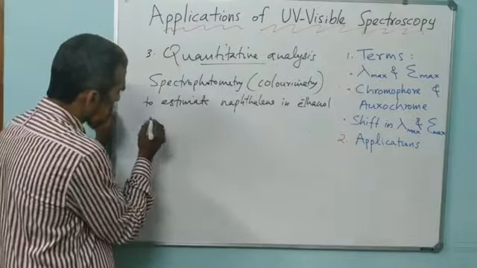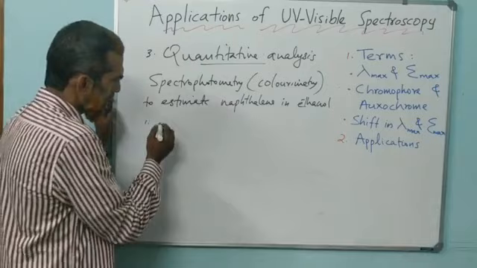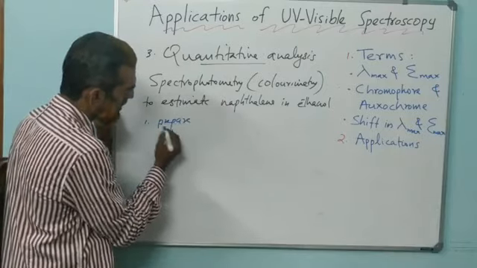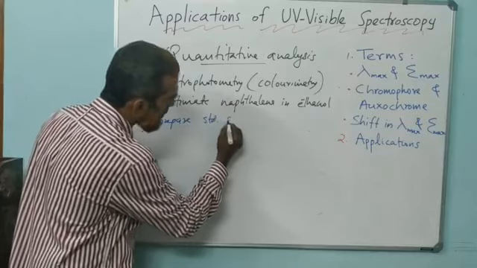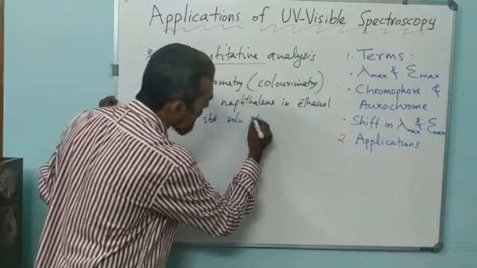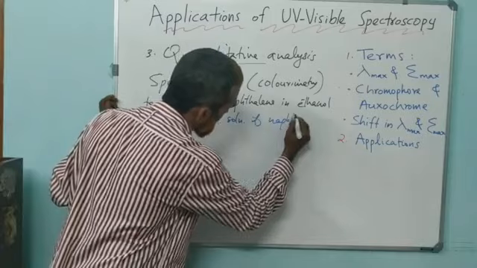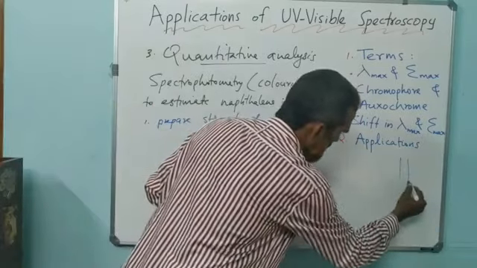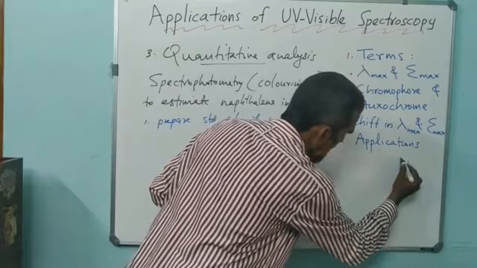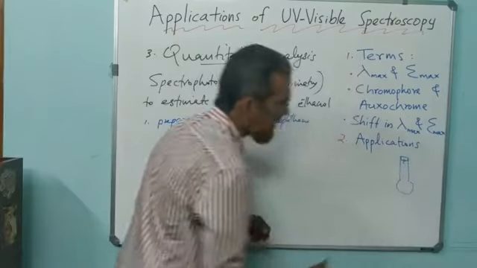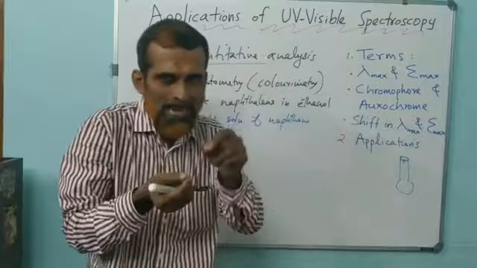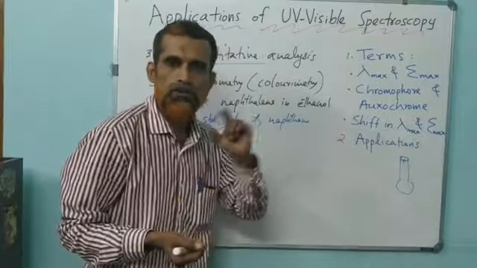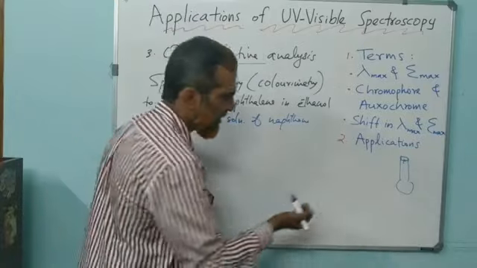So what are the steps? First, you have to prepare standard solutions of naphthalene. That means you take a 100 ml standard flask, weigh out different quantities of pure naphthalene, and prepare solutions in ethanol.